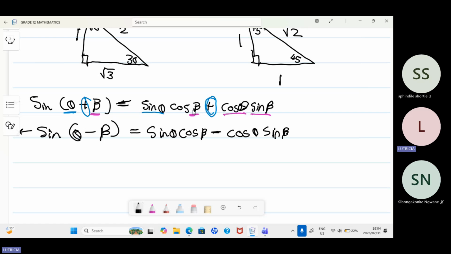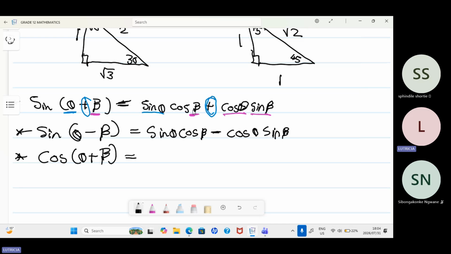So for cos, if it was cos theta plus beta, it's now gonna switch. And you also have to notice that for cos, we start with cos before the sine, it's gonna be cos times cos and then minus and then sine times sine.